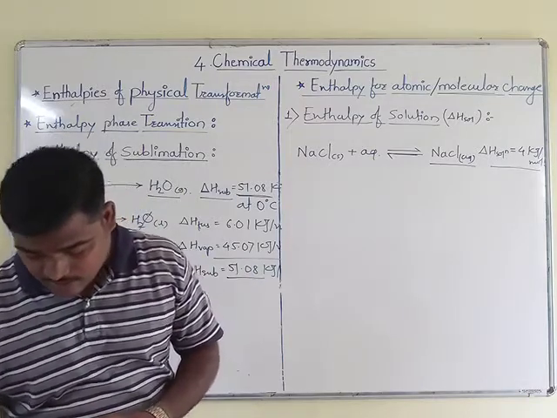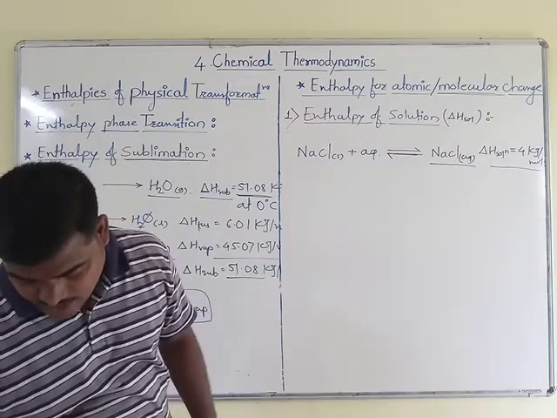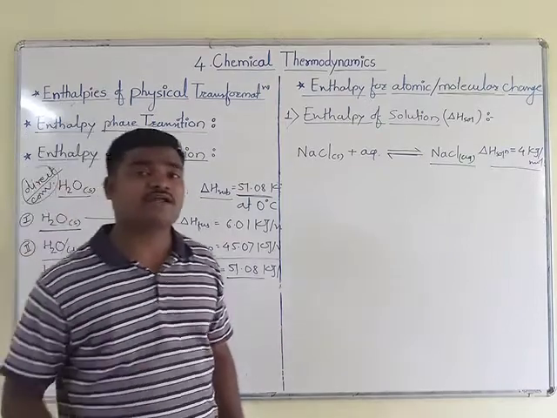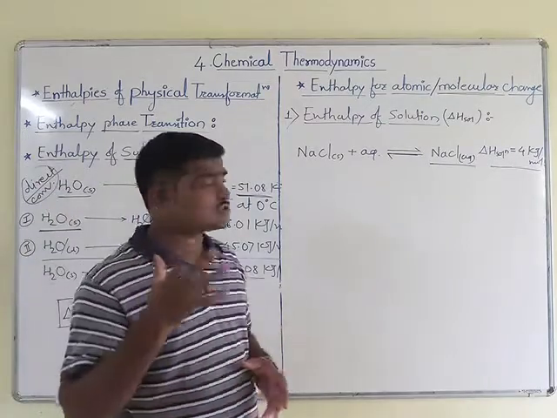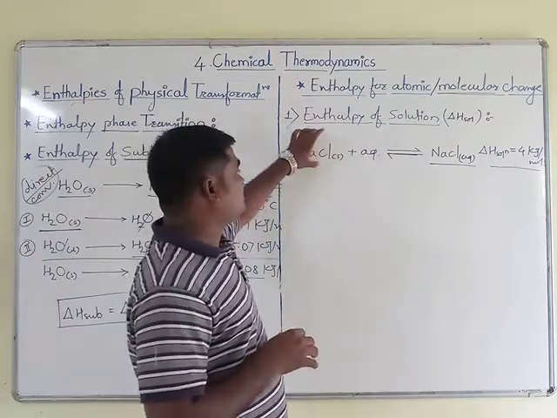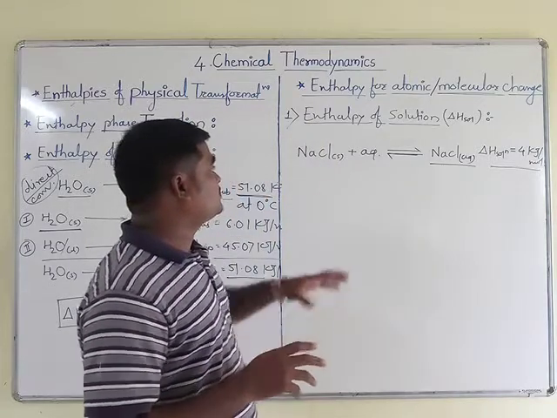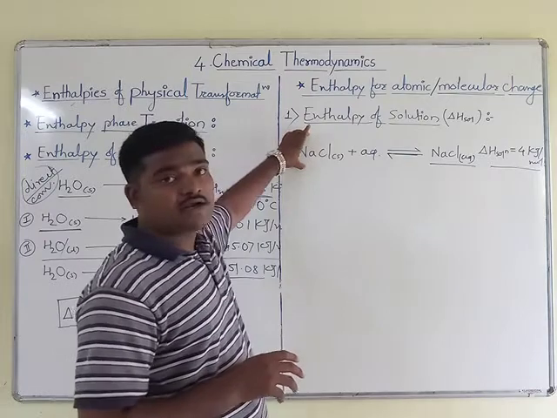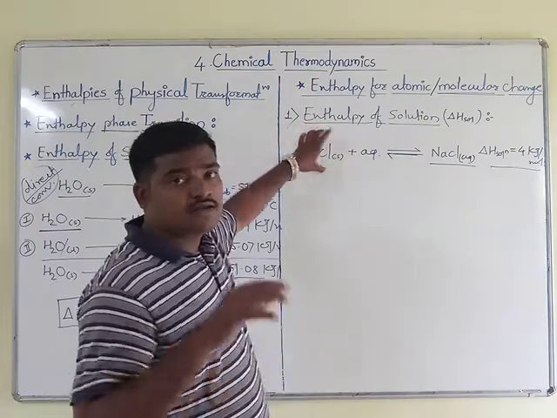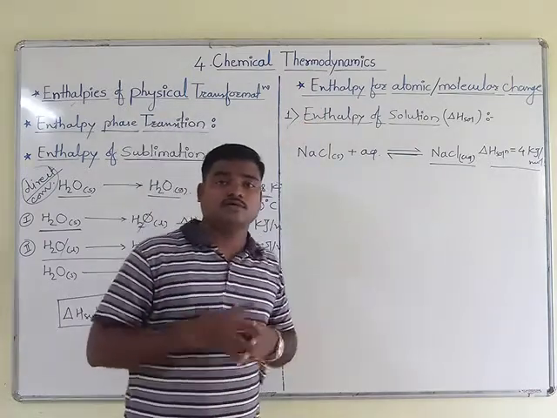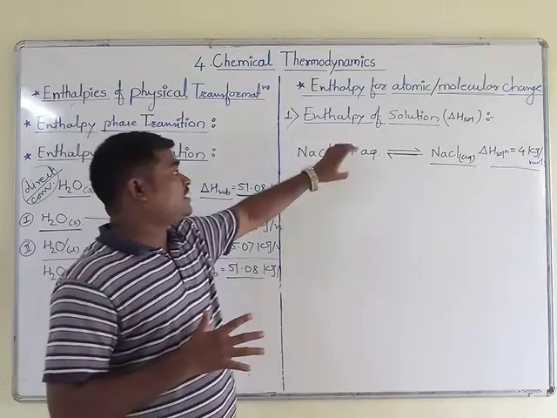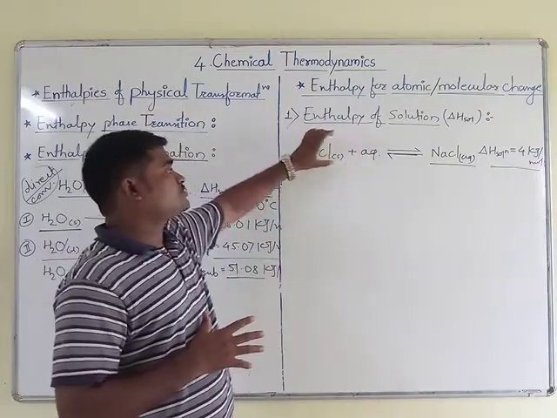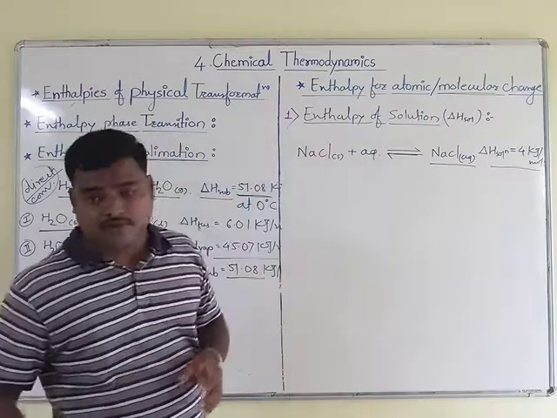And again, now we are going to see the enthalpy of solution at infinite dilution. Suppose we want to calculate the enthalpy of solution at infinite dilution for this NaCl. Then what do you have to do? We have to take the aqueous solvent at infinite level.